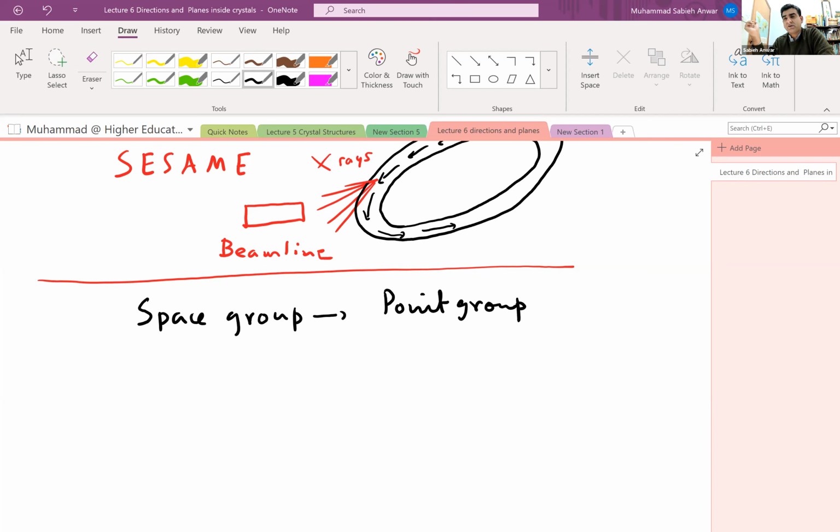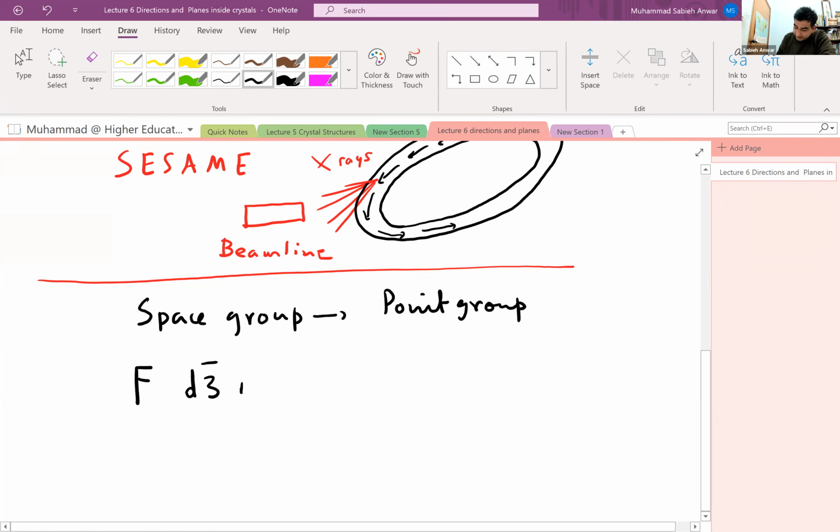For example, for diamond, we have the space group F d 3 bar m. This is the space group of diamond.